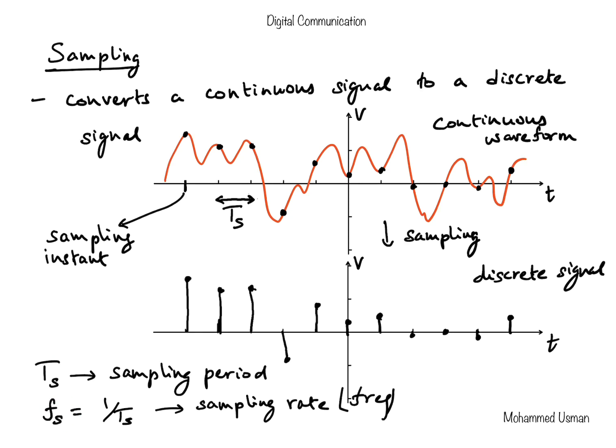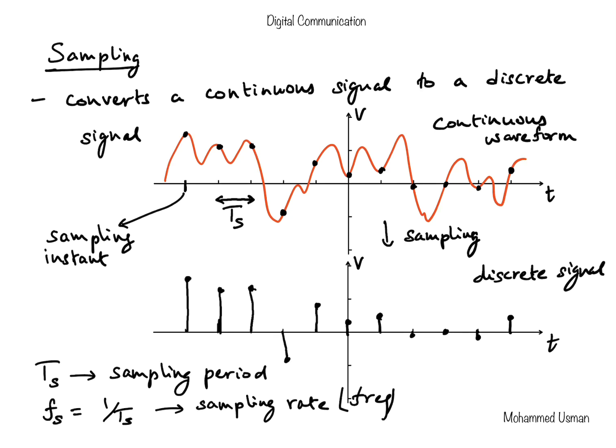If that rule is violated, then the faithful reconstruction of the original continuous signal from the samples would not be possible. So what is that rule and how is that rule affecting the process of sampling.